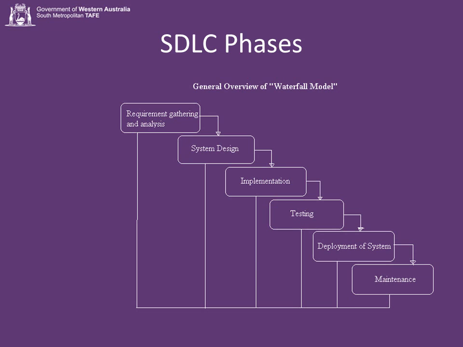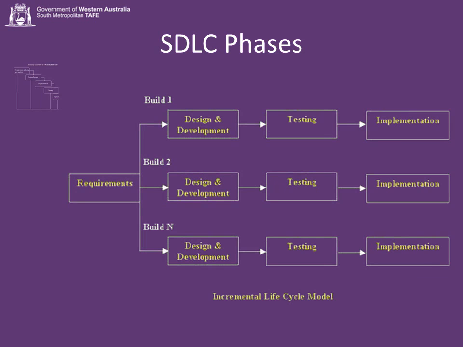There are several software development approaches, and I'll be discussing them, including the pros and cons, in more detail in the next video. For now, I'm just going to show you the models. The first one is the waterfall model. The next is the incremental model.